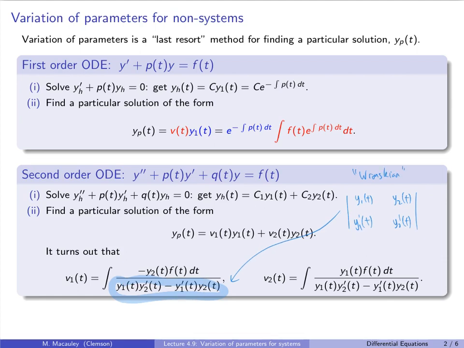And remember that this method does not work when the Wronskian is equal to 0, because you're dividing by 0 precisely when this determinant is 0, which is when y1 is a multiple of y2. Now this seems like a silly thing to compute just to check that y1 and y2 are multiples of each other, because you can just check that directly, and in some sense it is.